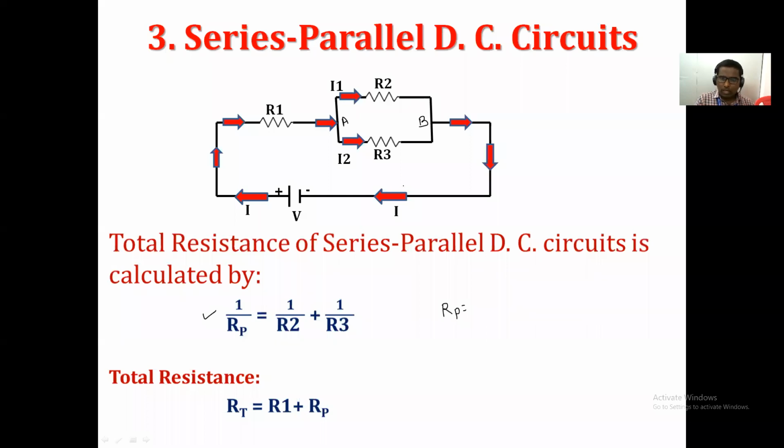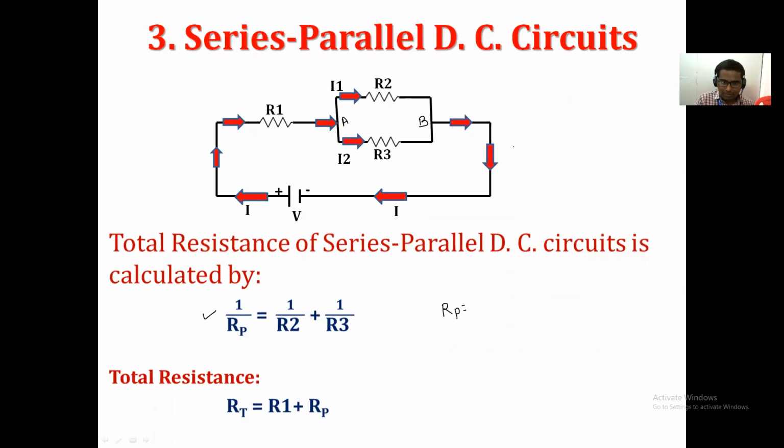I can remove R2 and R3 from the main circuit diagram and place one resistor whose value is RP. But where can it be connected? It can be connected in between point A and B, because the two parallel resistors are connected in between point A and B.